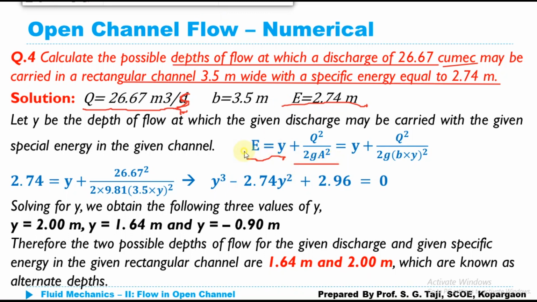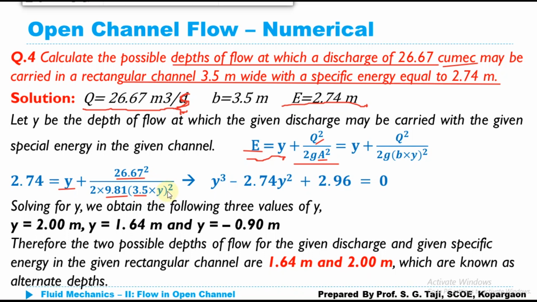Putting the value of specific energy and discharge, the area can be written as b multiplied by y, where y is unknown. So 2.74 is equal to y plus 26.67 square divided by 2 multiplied by 9.81 multiplied by the width of channel, 3.5, multiplied by y whole square.